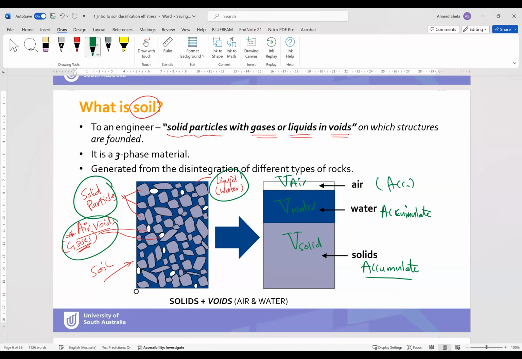So we can accumulate all the elements together to have three elements: solids, water, and air. That's why the soil is defined as a three-phase material. If you are asked how many phases for soil, the soil is three-phase.